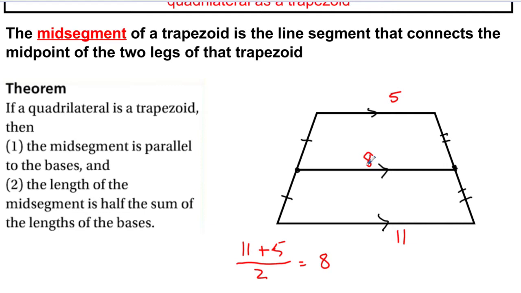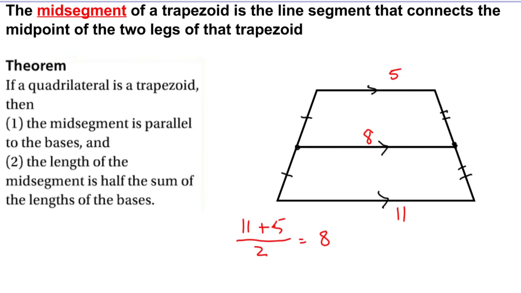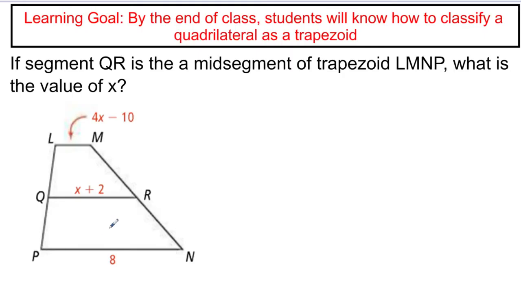So we can gather a lot of information about this midsegment and about some of the angles that are created by it, just knowing that the midsegment is parallel to the bases and knowing that it is basically the average of the bases, right? So let's do one algebra-related problem that uses this fact.